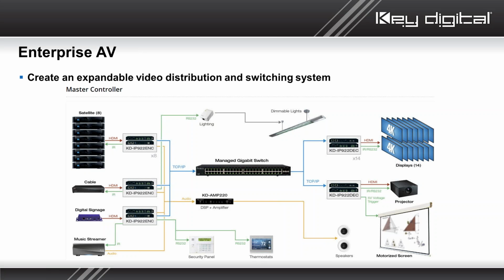So in this scenario here on the left, we have 8, 9, 10 video sources. So that means we got 30 control ports right there. Then we look on the other side of the screen and we have 14 displays, and the 15th display is the projector. So that gives us another 45 control ports to the system.